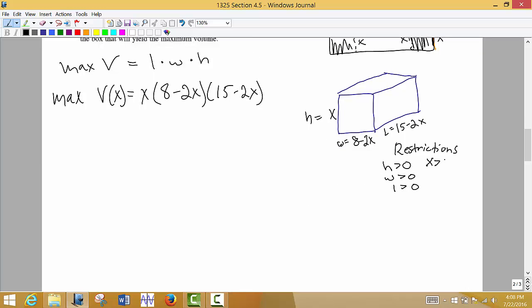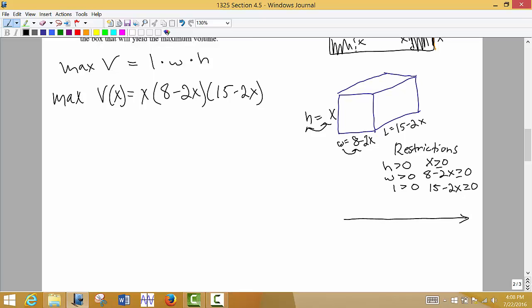Well, that implies that x has to be greater than 0 because x and h are the same thing. If w has to be greater than 0, then that implies that 8 minus 2x has to be greater than or equal to 0. We can put the little equals there if we want. And that also implies that if the length has to be greater than or equal to 0, then 15 minus 2x, which represents the length, also has to be greater than or equal to 0.